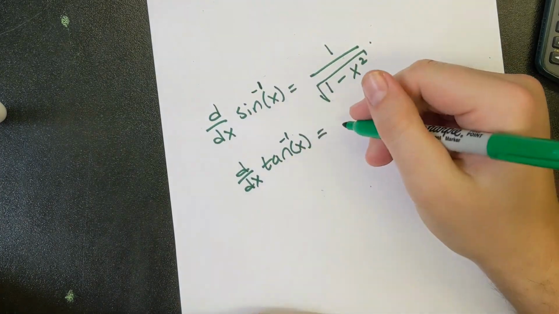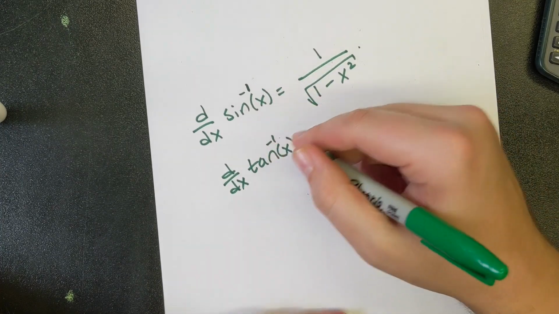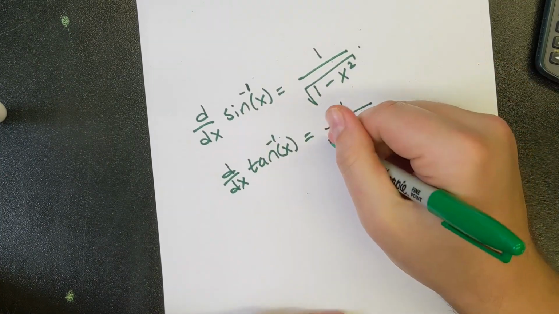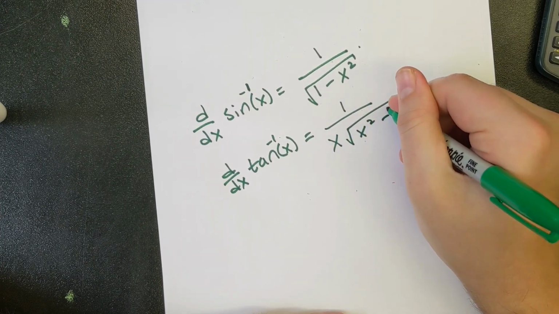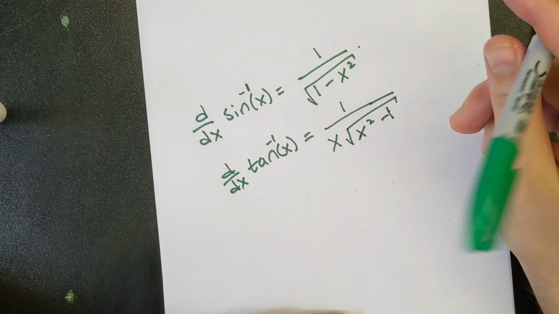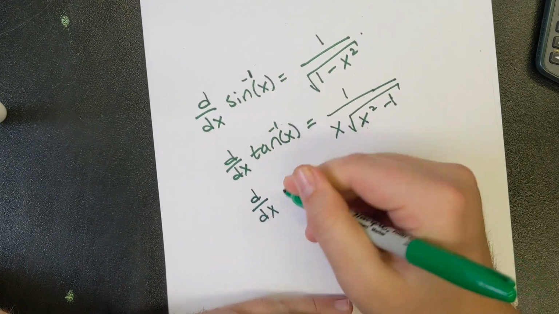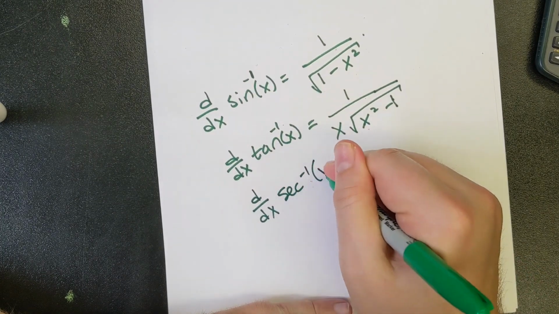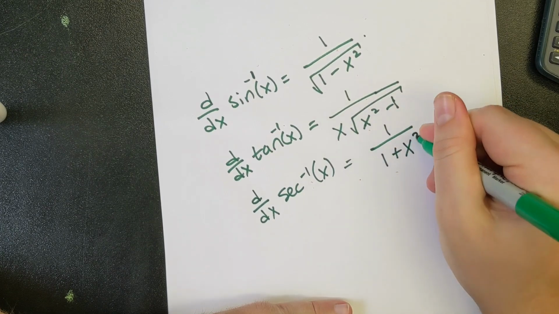Derivative tangent is secant tangent has two pieces. Similarly, the derivative arctangent has two pieces. It's the first piece is x and the second piece is the square root of x squared minus 1. I think that's right. And then the derivative of secant inverse of x, I believe, is 1 over 1 plus x squared.